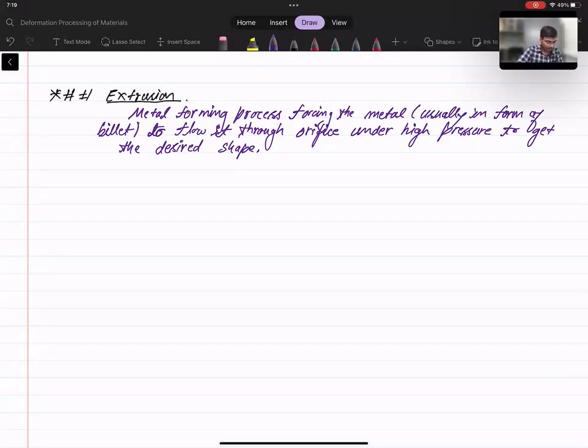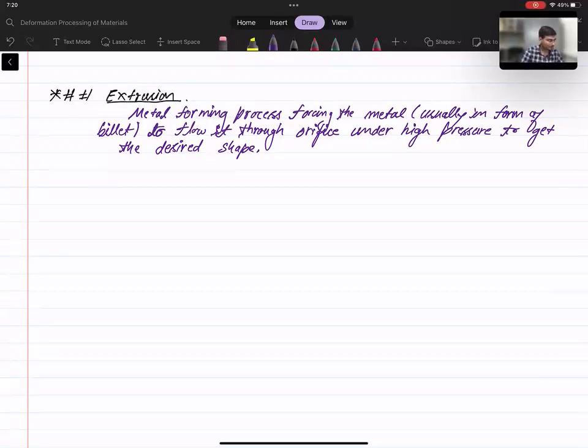Okay, so basically what happens in extrusion is that when the metal is pressed through the dies, there will be high compressive stresses on the workpiece, which in turn will lead to a reduced tendency of cracking and reduction in defects like pores or blowholes, etc. So improved strength, etc., are observed in the final product.